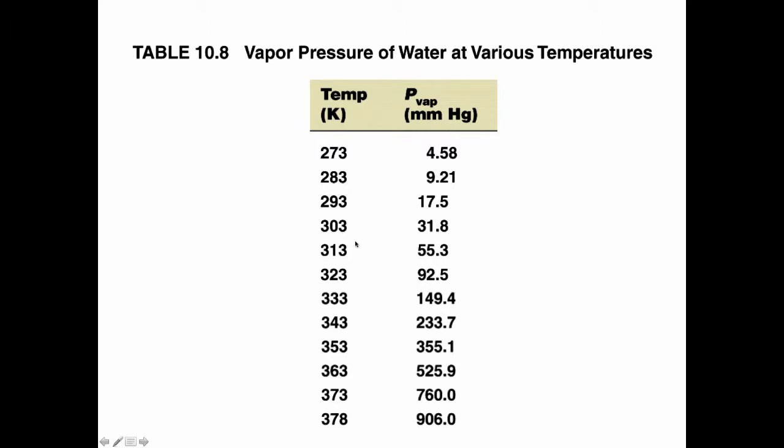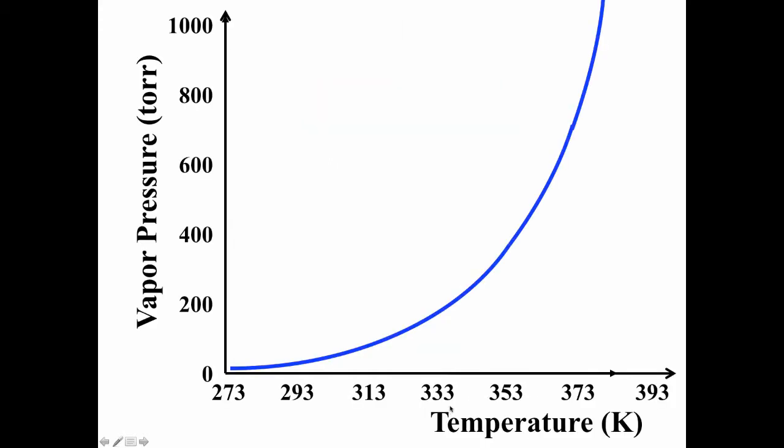Now note that the temperature is basically going up by 10 degrees Celsius or 10 Kelvin. And while it does the steady incremental rise in temperature, the vapor pressure goes up in increasingly large jumps. If we graph that, it has the characteristic shape of a vapor pressure or a gas-liquid equilibrium line curve, as you can see right here.